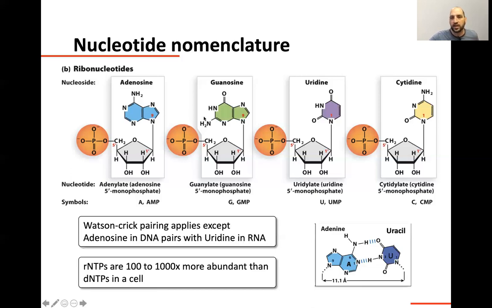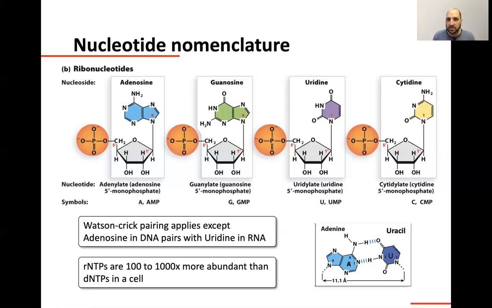So we could go down the line. There's guanosine here, cytidine here. Uridine is very similar to thymidine that we saw in DNA, or deoxythymidine. The difference is that uracil, the nitrogenous base up here, has lost a methyl group that's attached to the thymidine. So uracil is very similar to thymine.